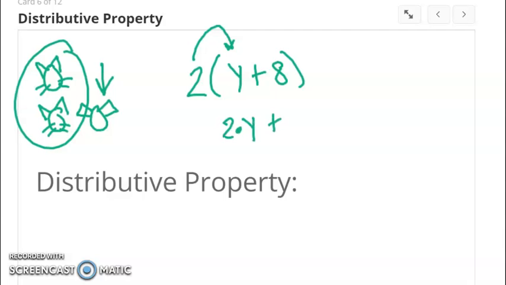And I'm going to do 2 times 8. When I simplify that expression, I end up with 2y plus 16. This is all there is to applying the distributive property, multiplying everything inside the parenthesis by whatever is outside the parenthesis.